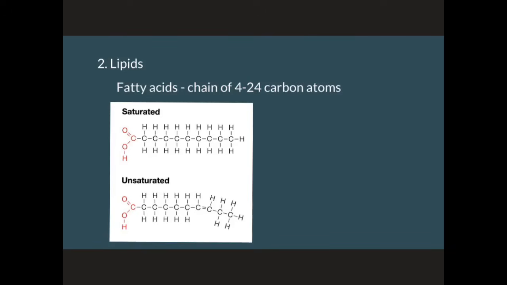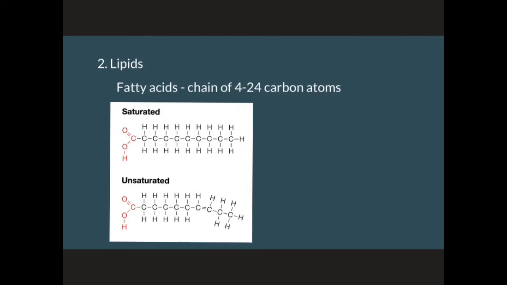Saturated fatty acids are referred to as so because its carbon atoms are saturated with hydrogen. As you see in this figure, every carbon is saturated with hydrogens, while an unsaturated fatty acid contains carbon to carbon double bonds, as you see here, and therefore each carbon in the carbon chain is not fully saturated with hydrogens.